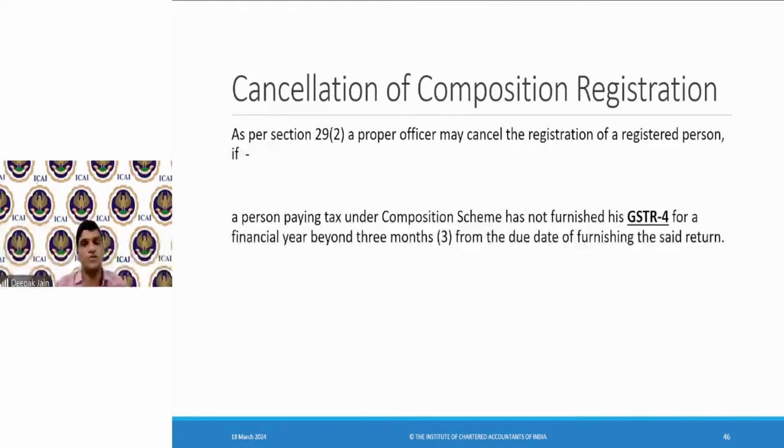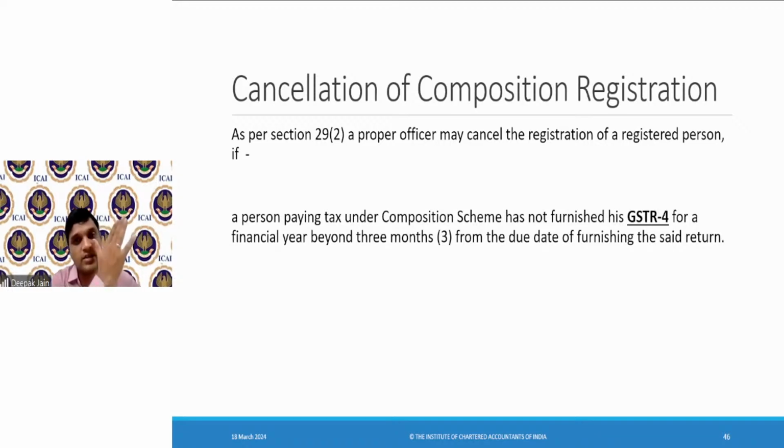Okay, आपका 1 month का टाइम दिया है, आपने फाइल नहीं किया, आप लेट करो, ठीक है, बट यू कैन नॉट डिले इट बियॉन्ड अ पीरियड ऑफ 3 months from the due date of furnishing of the said return. So don't delay it beyond 3 months. Delay नहीं करना चाहिए, लेकिन कुछ वजह से अगर डिले हो जाता है तो डोंट डिले इट बियॉन्ड 3 months फ्रॉम द ड्यू डेट ऑफ फर्निशिंग द रिटर्न.